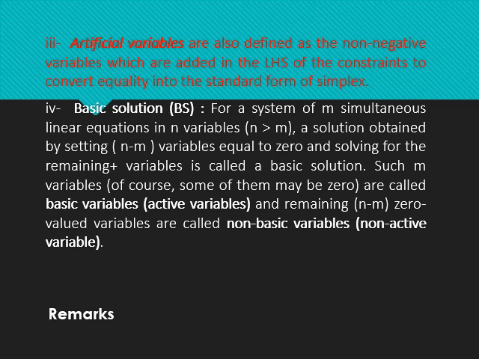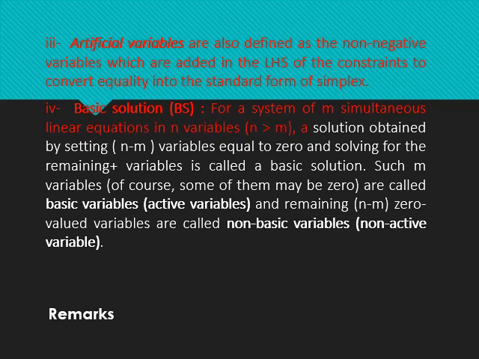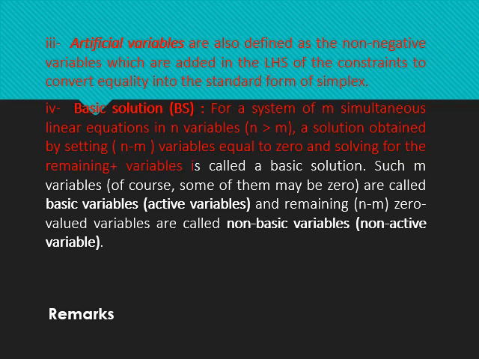Basic solution, BS. For a system of m simultaneous linear equations in n variables where n is more than m, a solution obtained by setting n minus m variables equal to 0 and solving for the remaining m variables is called a basic solution.